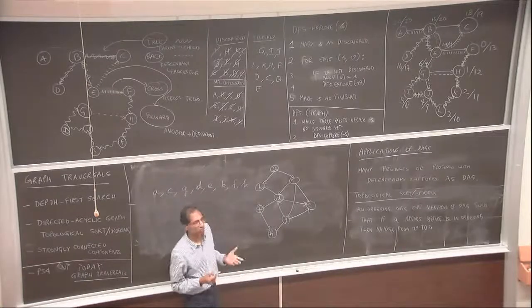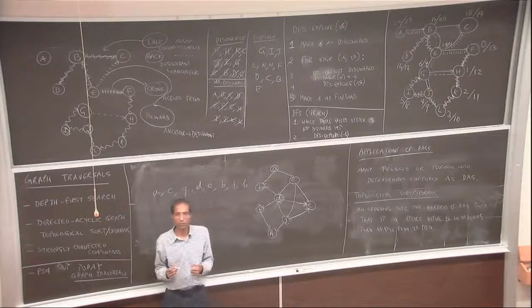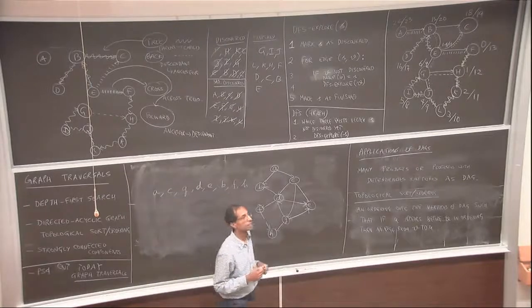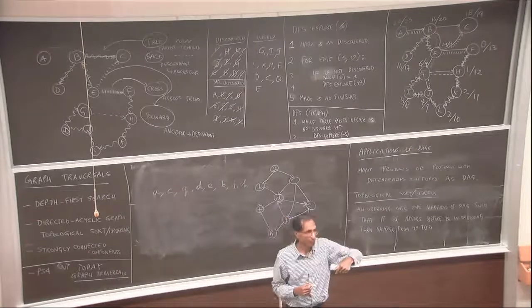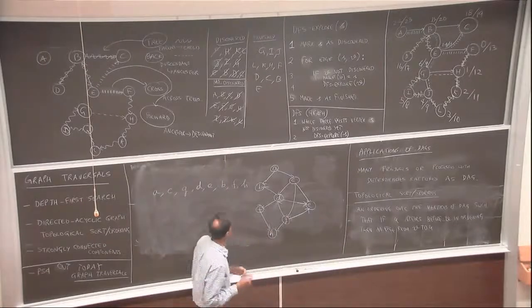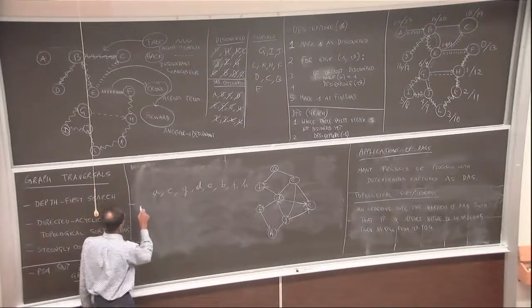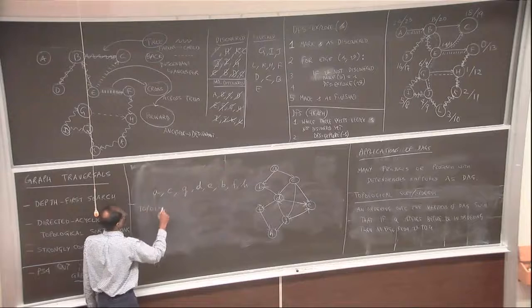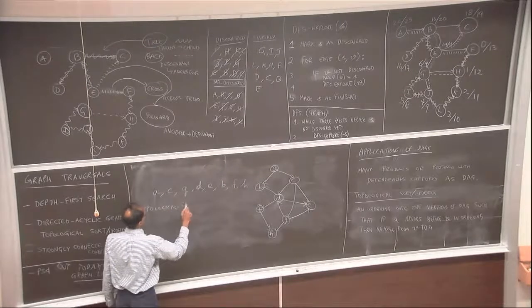How do you find out which is the first vertex to try? It has no edge coming in. You agree? Okay.